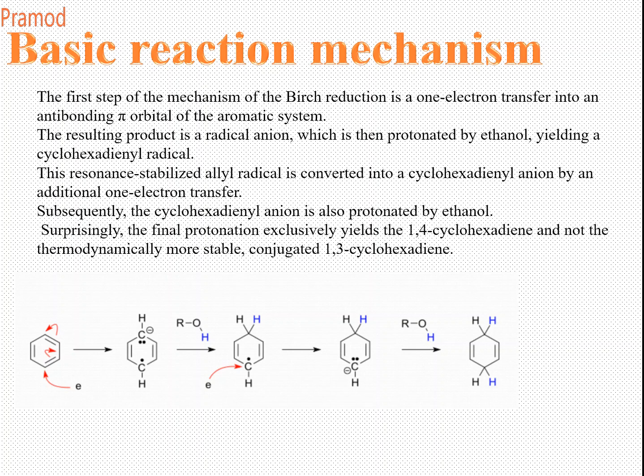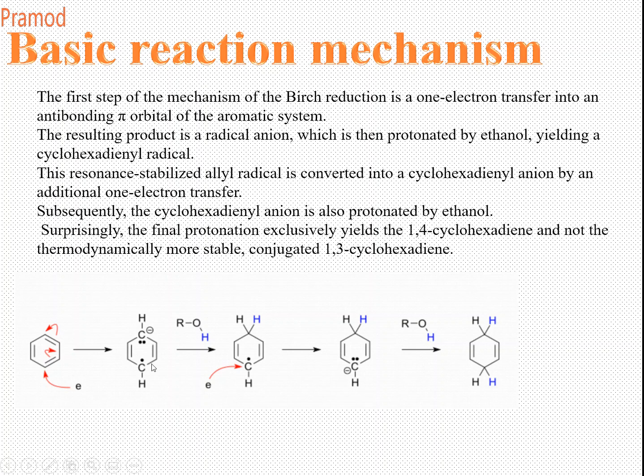So when the electron attacks your benzene ring, there is a transfer of electron. When this electron comes over, the two electrons get added across the 4th carbon, and there is one electron extra at the 1st carbon, resulting in a radical anion. Why is it called a radical anion?